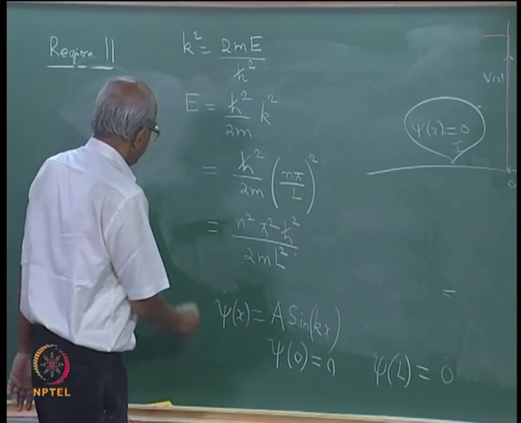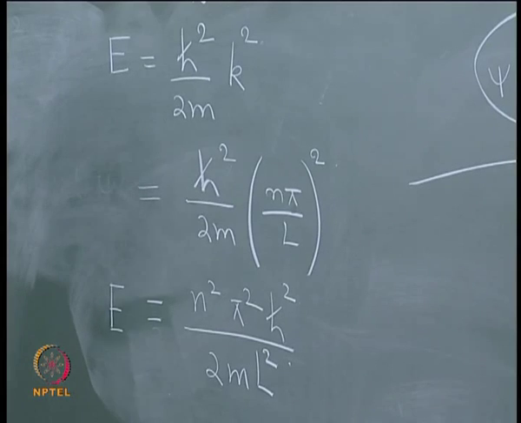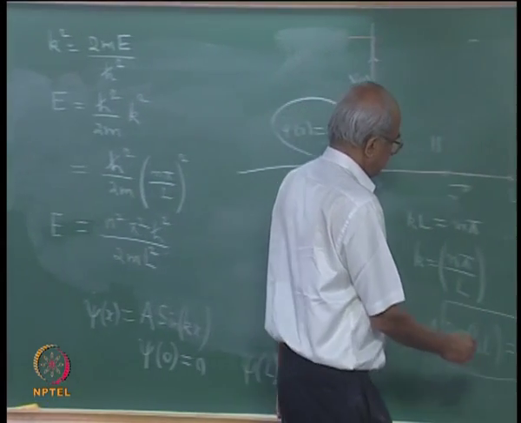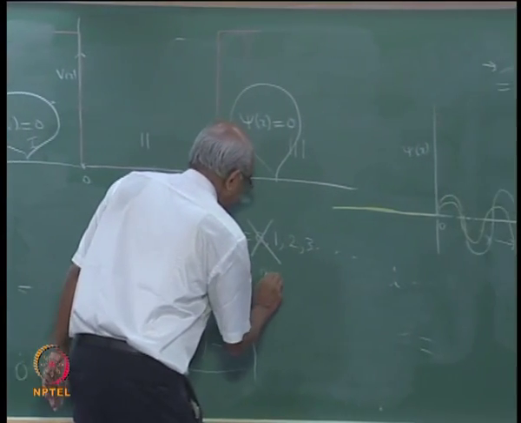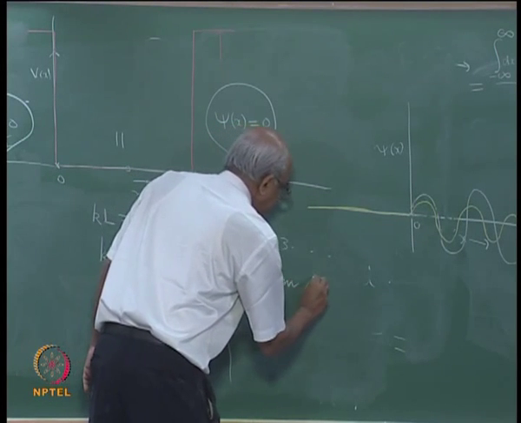These are the values of energy for which you can get acceptable solutions. And this n is referred to as a quantum number.